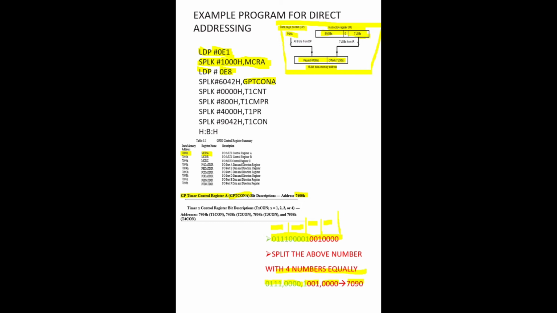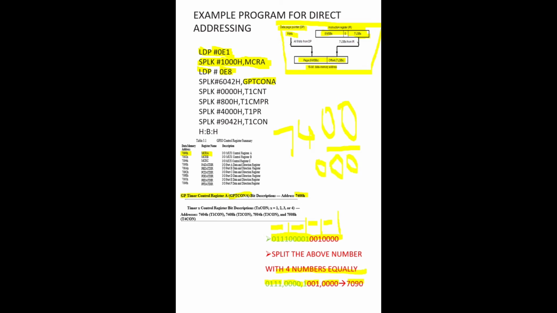This value is only known by the machine. So if you know the address 7400, in 7400 the last 7 bits will obviously be 0000000. Totally 7 zeros will be there.